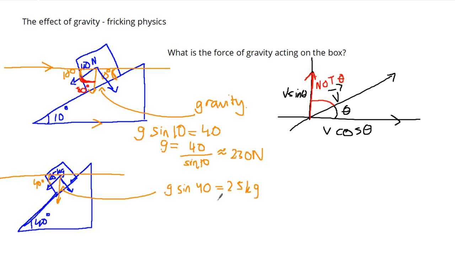I should have put a weight here instead. 25 kilograms of constant force, and then G is equal to 25 kilograms over the sine of 40, which is roughly equal to, I think, about 27. The 25 divided by the sine of 40.